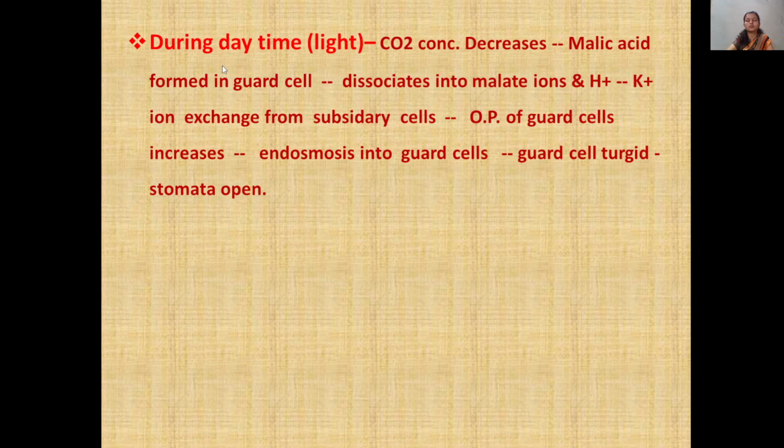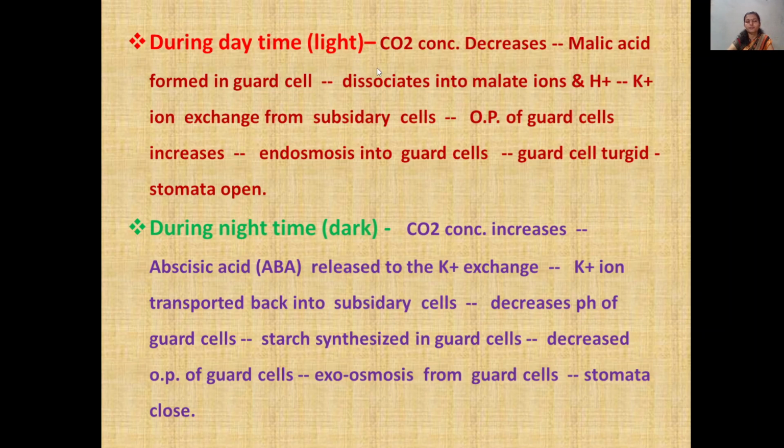Mechanism of opening and closing of stomata. During daytime what happens, and during night time what happens. See, during daytime, in the presence of sunlight, the CO2 concentration decreases, then malic acid formed in guard cells dissociates into malate ions and H+ ions, then K+ ions come from subsidiary cells, then osmotic pressure of guard cell increases, then endosmosis into guard cells.